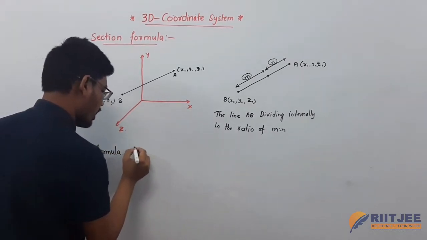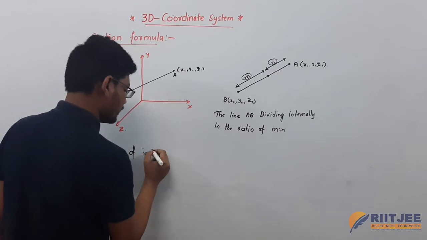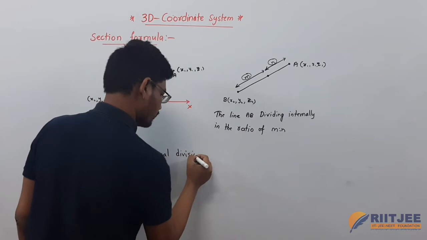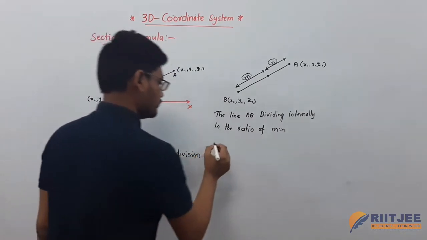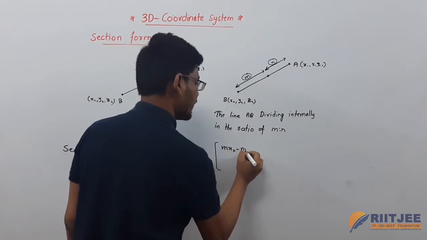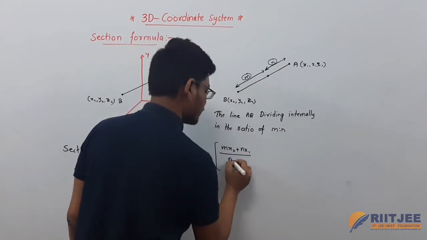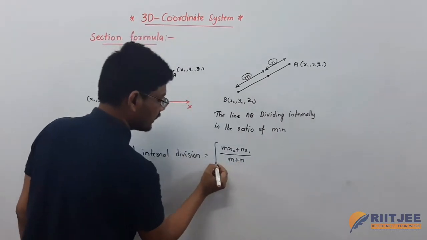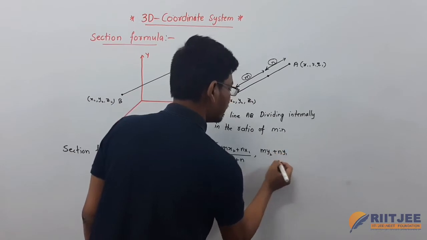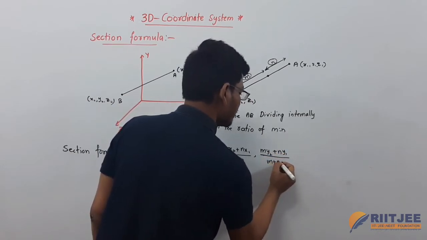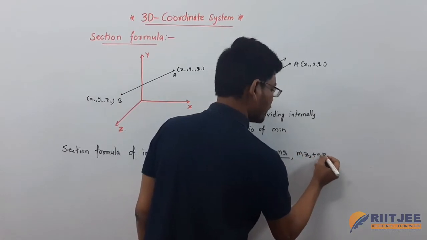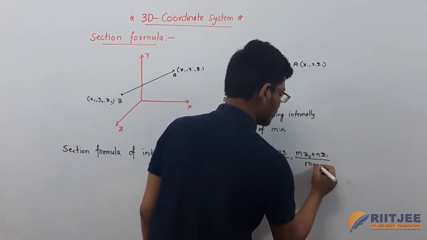section formula of internal division, that is mx2 plus nx1 divided by m plus n, and my2 plus ny1 divided by m plus n, and mz2 plus nz1 divided by m plus n.